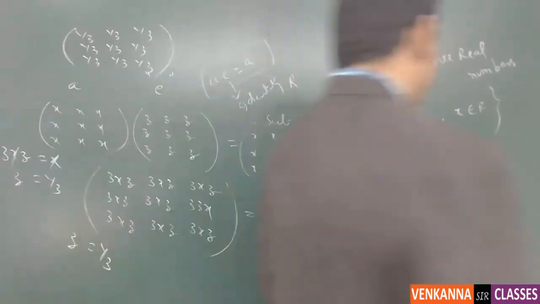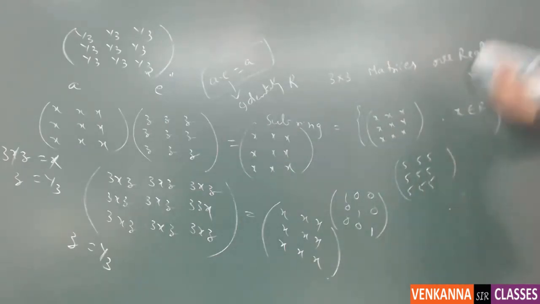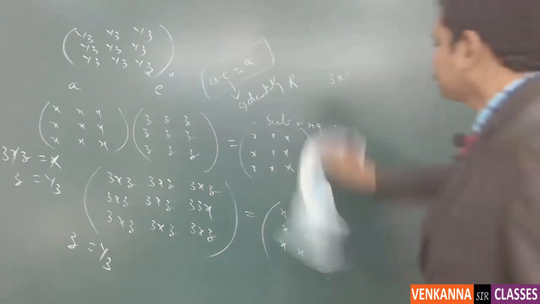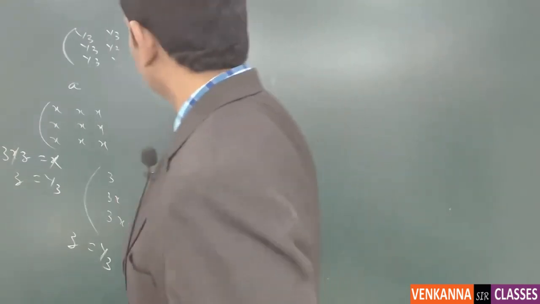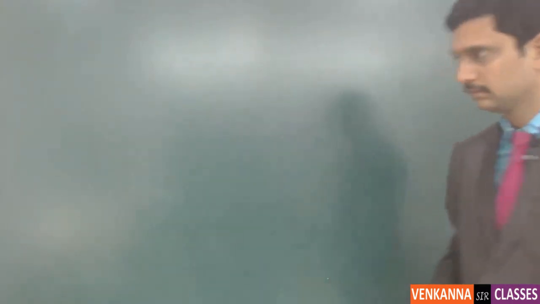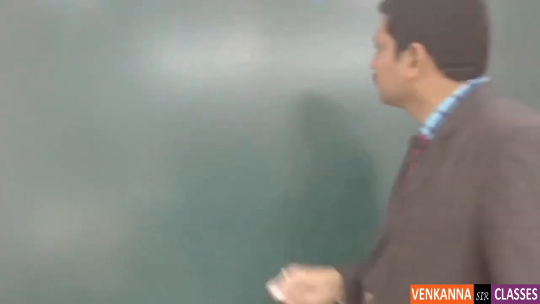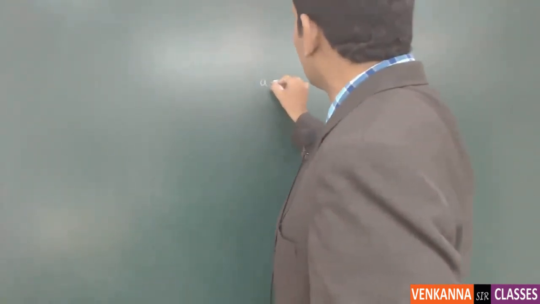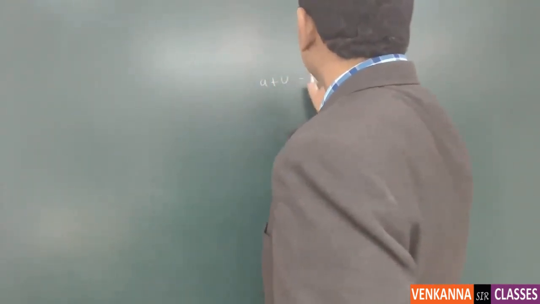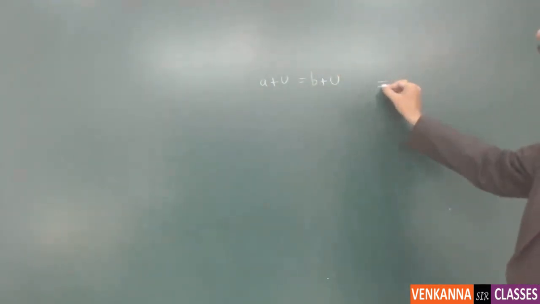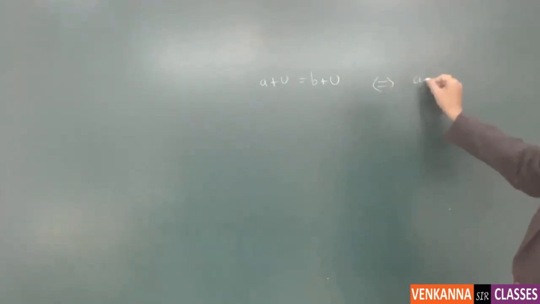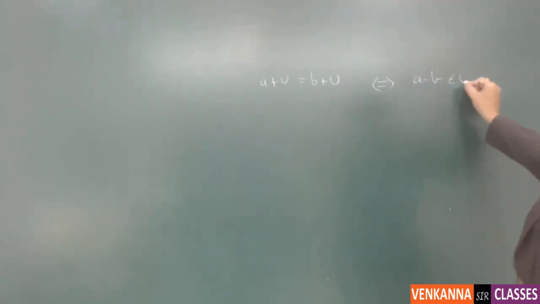One good result which we can take is whenever two cosets are equal, immediately we can say that the difference between the elements will belong to the ideal.